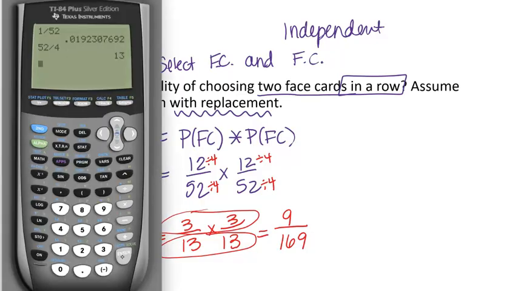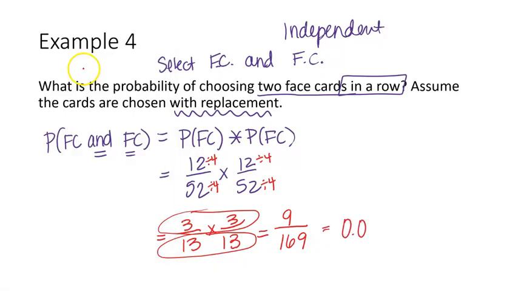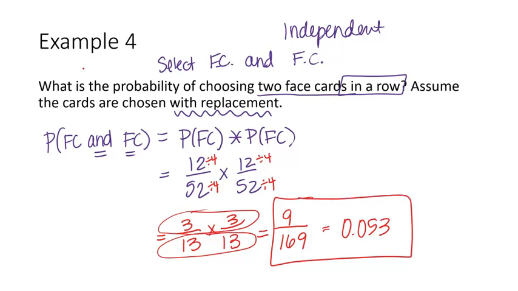Because you have already reduced, you can actually stop right there. Or if your homework asks, you can get it into the decimal, 0.053. The chances of getting 2 face cards in a row is 9 out of 169 options.